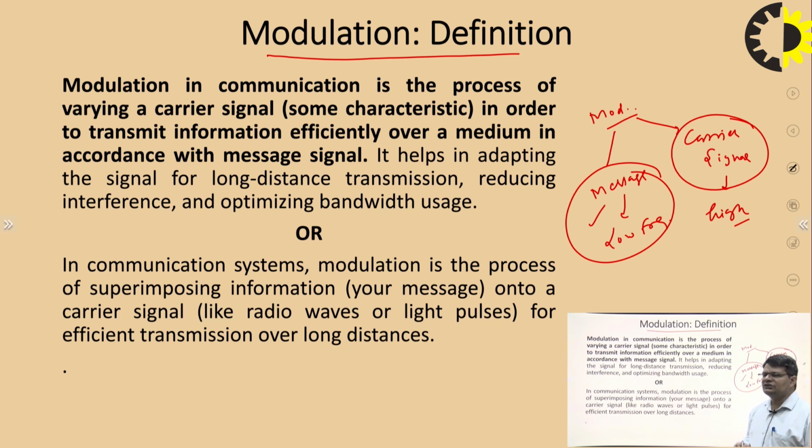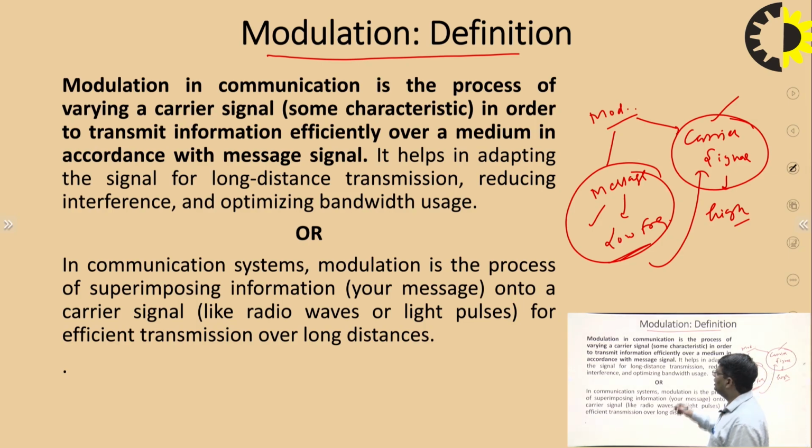In fact, it is transmitted with the help of a high frequency carrier signal, where the characteristics of this message signal are superimposed over the carrier signal. Or by definition we can say that modulation is the process of varying the characteristics of the carrier signal according to the instantaneous value of the message signal.